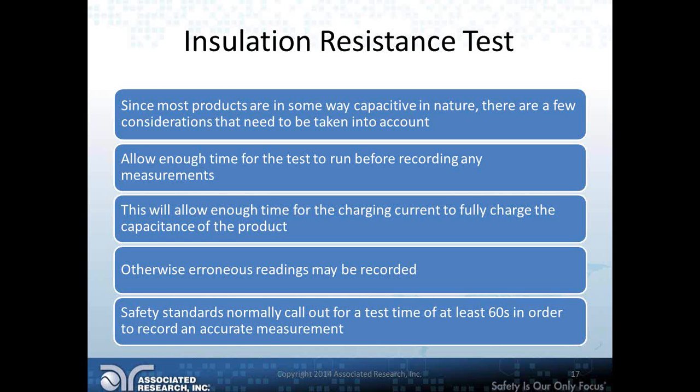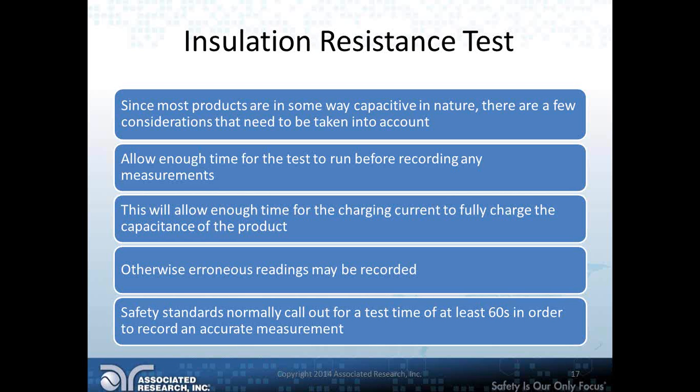So basically, as with a DC Hipot test, the insulation resistance test also applies a DC voltage across the dielectric or the insulation of a product. Since most products are capacitive in nature, the test operator should be aware of a few things, which includes the test time.